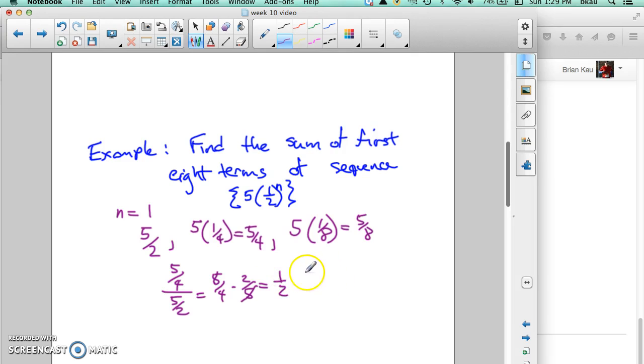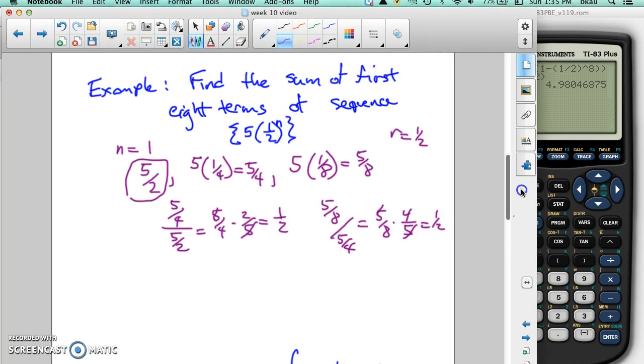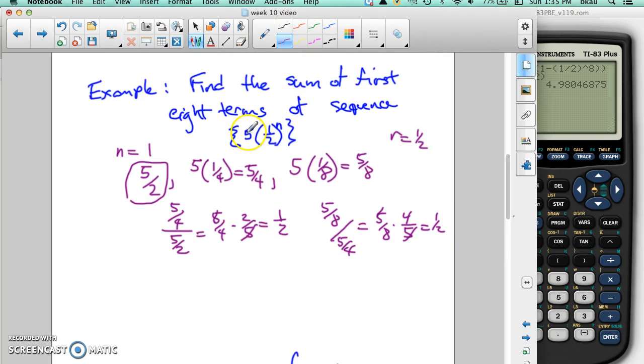If we do the next term, 5/8 divided by 5/4, we get a similar outcome. 5/8 times 4/5, cross out the 5, so we're going to get 1/2 again. So my ratio here is 1/2, and my first term is 5 halves.